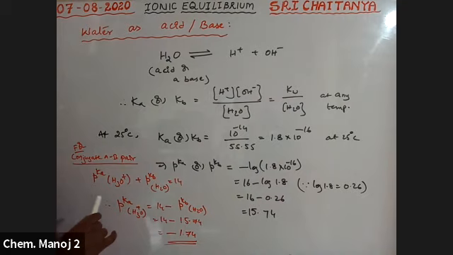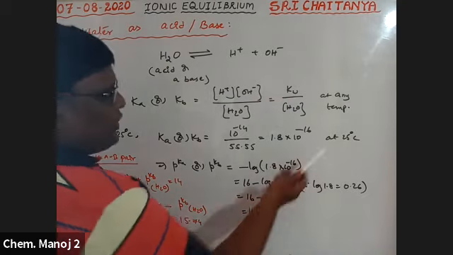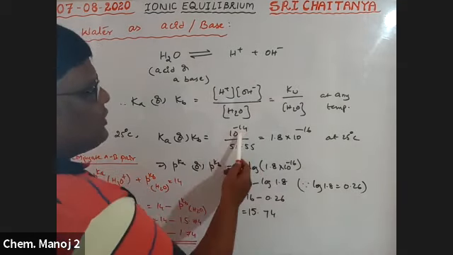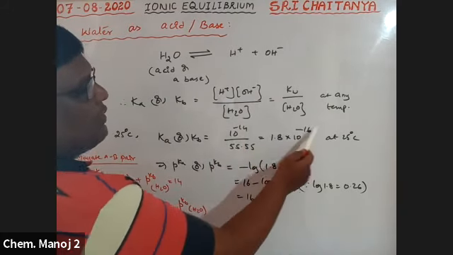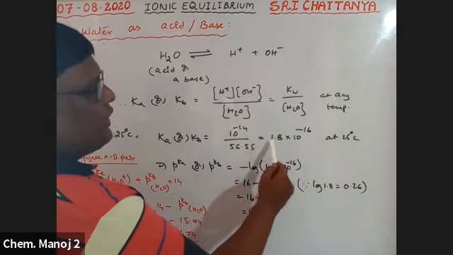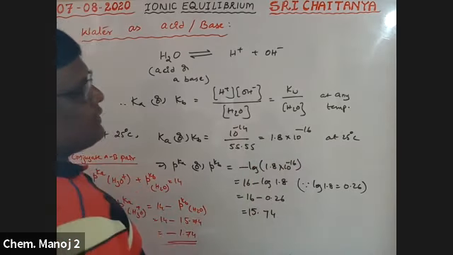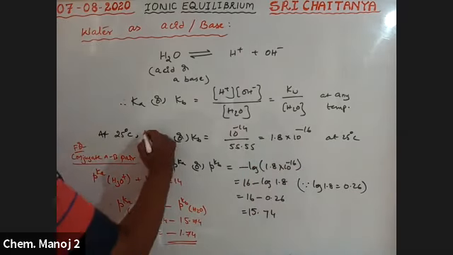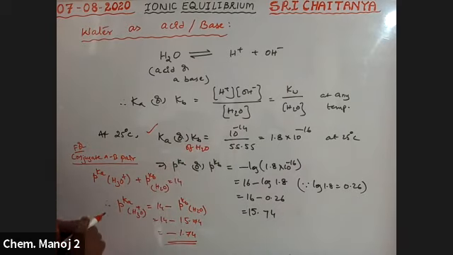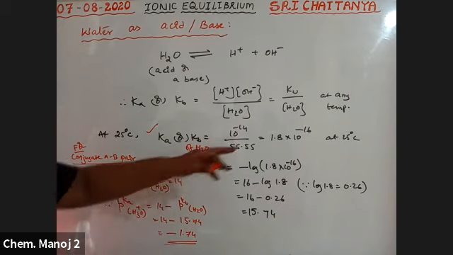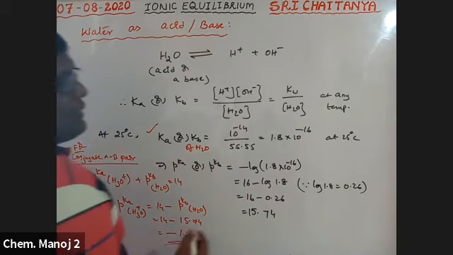At 25 degrees centigrade, Kw is equal to 10 power minus 14 and H2O concentration is 55.55. After calculation, it is 1.8 into 10 power minus 16. That is the Kb value of water.